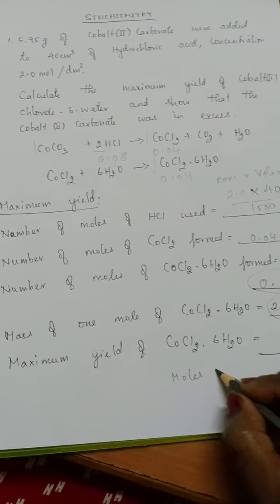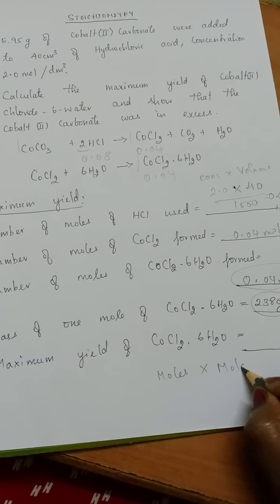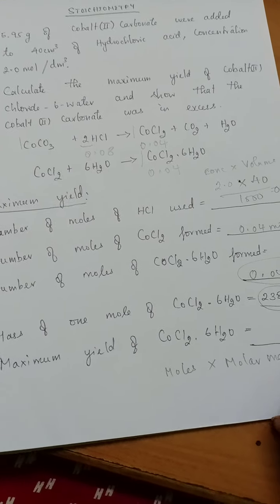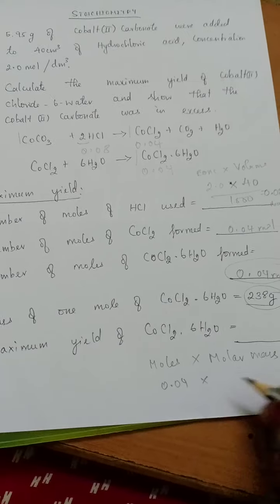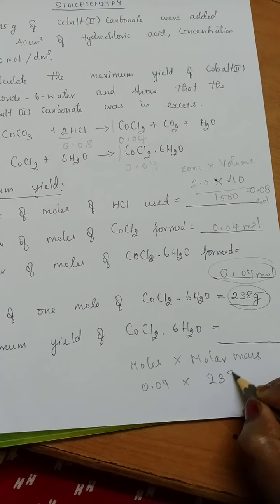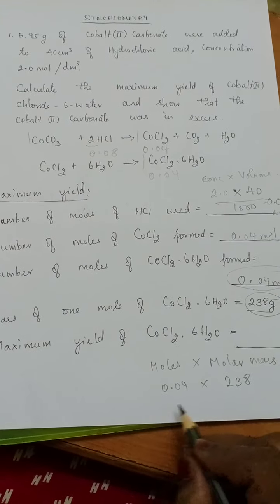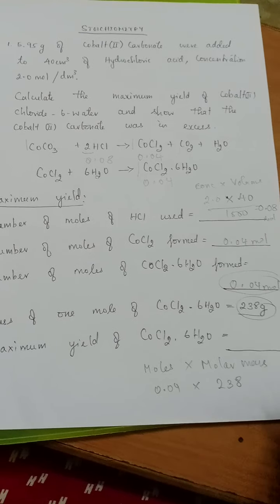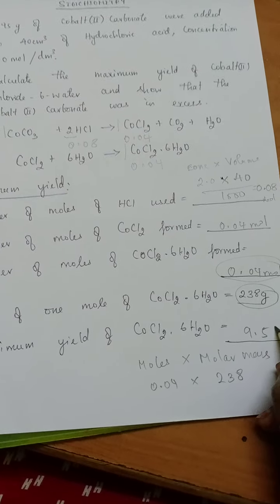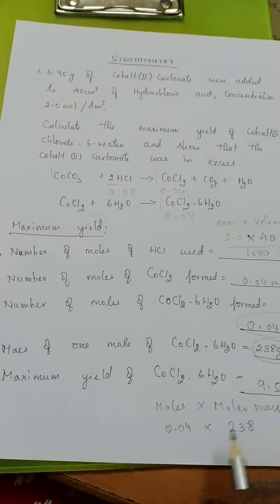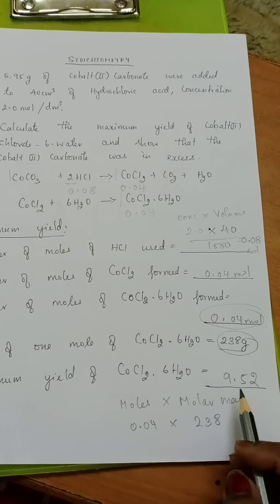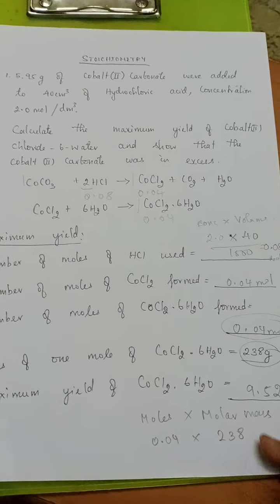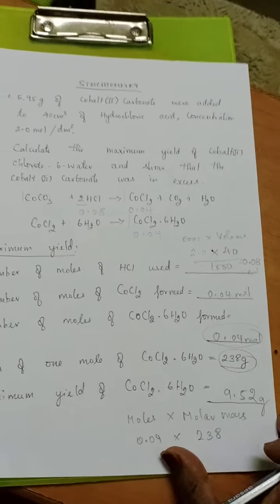Moles into molar mass. What is the mole here? 0.04. What is the molar mass over here? Given value 238. So 0.04 into 238 is 9.52. Okay, so the maximum yield of hydrated cobalt chloride is 9.52 gram. Got it? Got it, children?